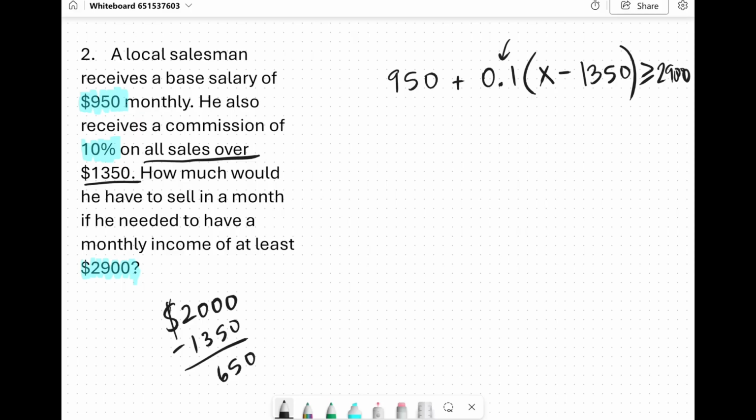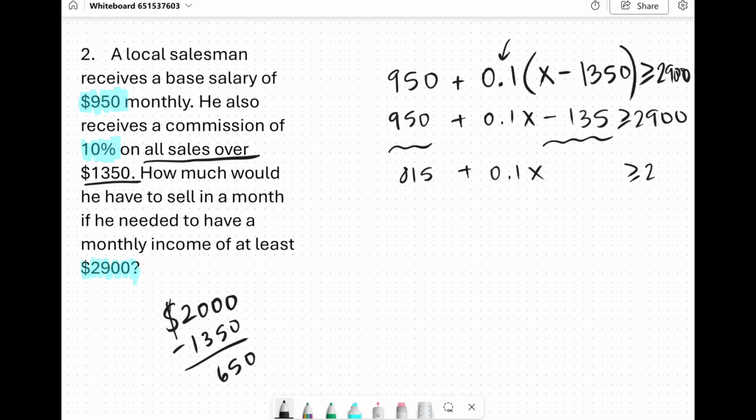Let's go ahead and solve this. I'll distribute first. Now let's combine these two like terms. They are on the same side. We don't need to change any signs. Now I'll move 815 through subtracting it from 2,900.